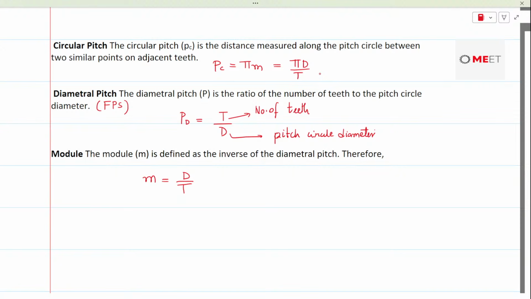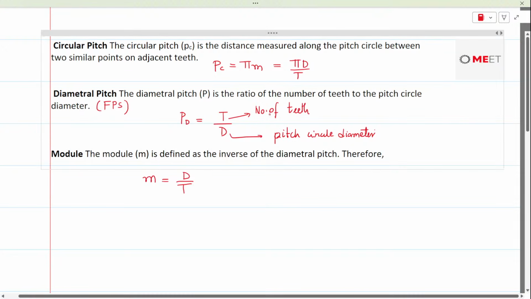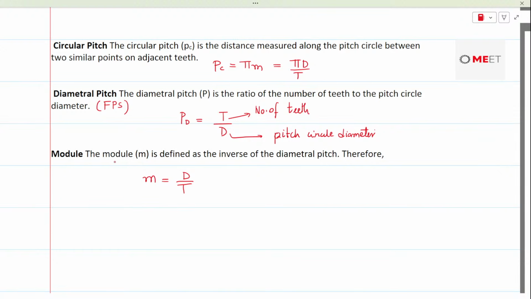Module also conveys the thickness of teeth. It gives you an indication about the thickness of teeth.